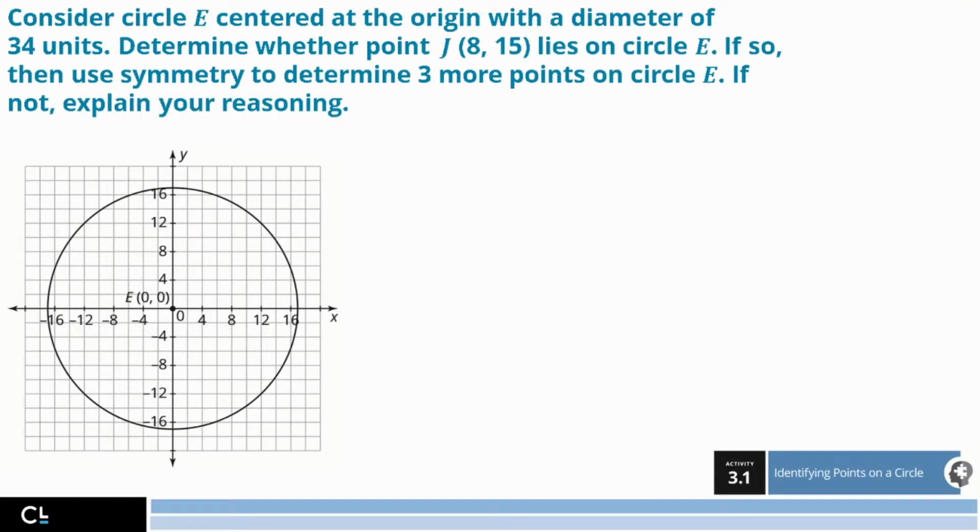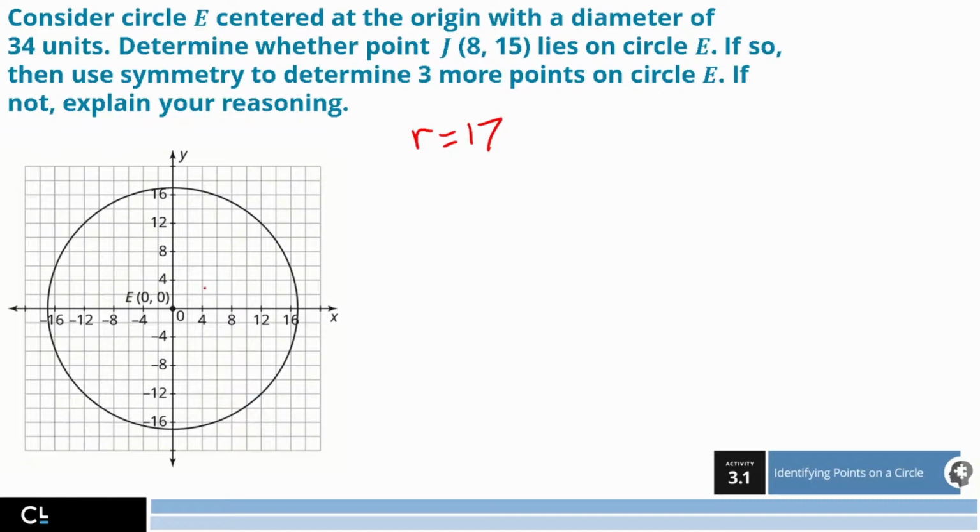So now, let's test if 8, 15 is on my circle. And it says that we have the diameter of 34 units. So if the diameter is 34, we know that the radius is going to be 17. Whoops, second guess myself there for a second. It's going to be 17, because it's half of 34.